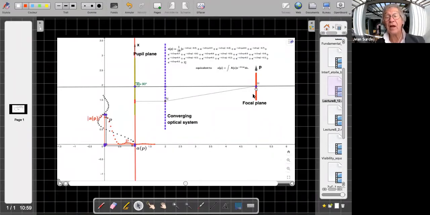And of course, now, if I would move the P point to another position, for instance here, what I would notice is that I still have to calculate the 19 contributions to that amplitude here.